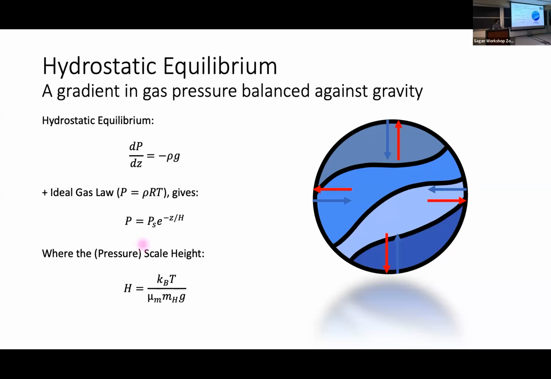If we combine this with the ideal gas law, we get the simple, intuitive understanding that the pressure of the atmosphere decreases exponentially radially away from the interior of the planet, with this characteristic scale height h that describes the extendedness of the atmosphere. So planets that have hotter atmospheres, or lower surface gravities, or are composed of gases with low mean molecular weight tend to have more extended atmospheres that we can characterize with this pressure scale height.